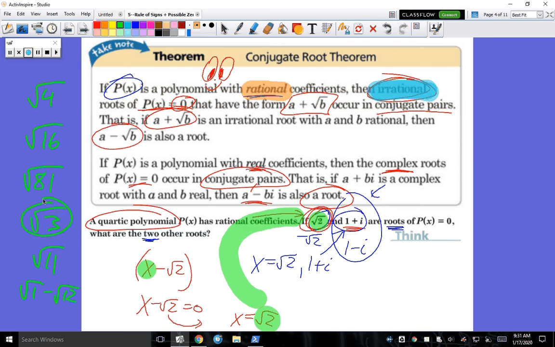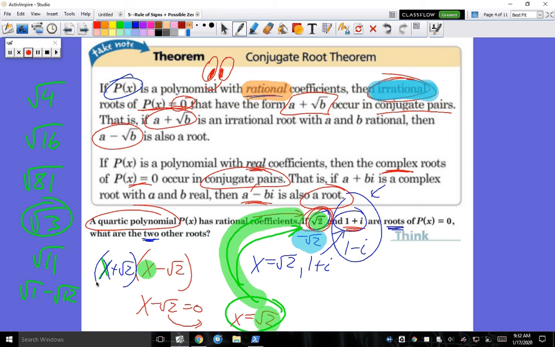Okay? Alright, so back to what Catherine was saying, when we set it equal to 0 and solve for that root 2, that's this one right here. Okay? So let me highlight it in a different color. Since irrationals occur in pairs, how would I write that as a factor? X plus root 2. Do you see what we're doing?